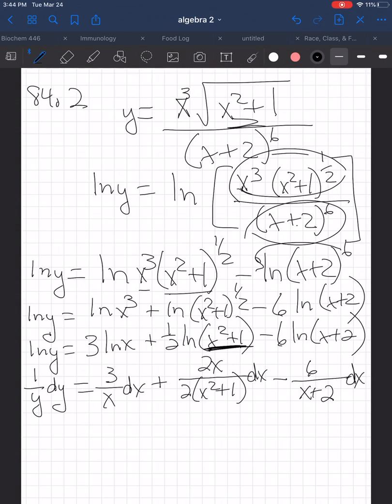Okay, then next, we divide everything by dx because we wanted dy dx. And to get dy dx by itself, we have to multiply both sides by y.